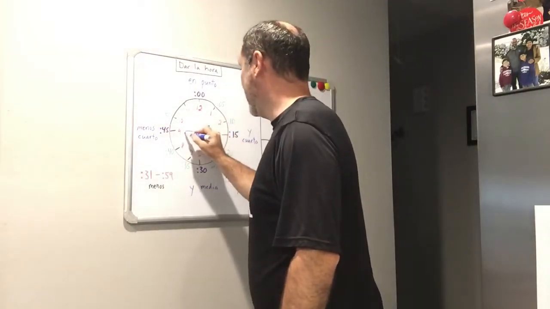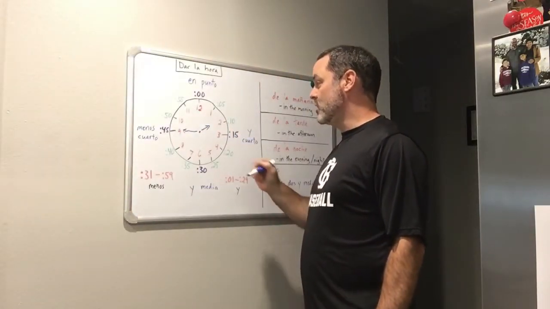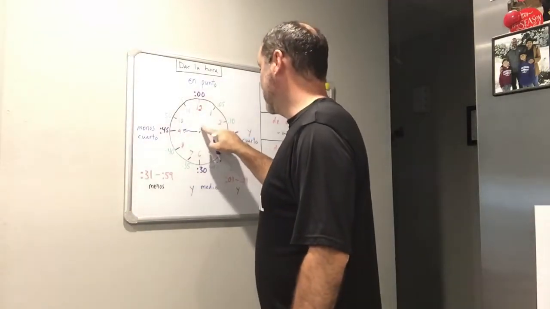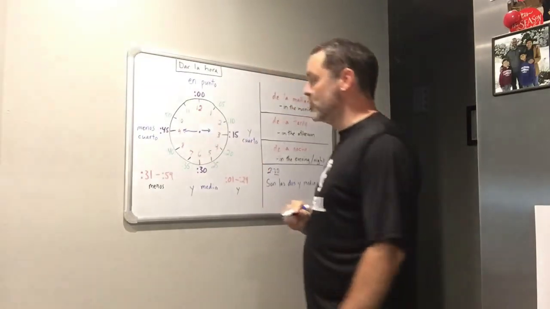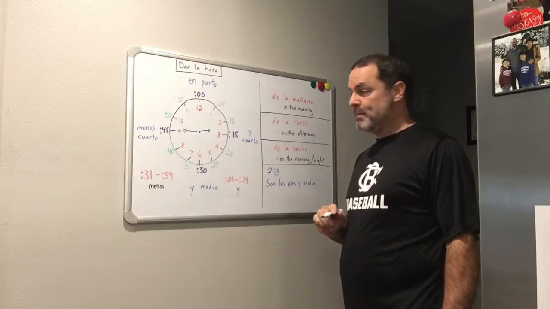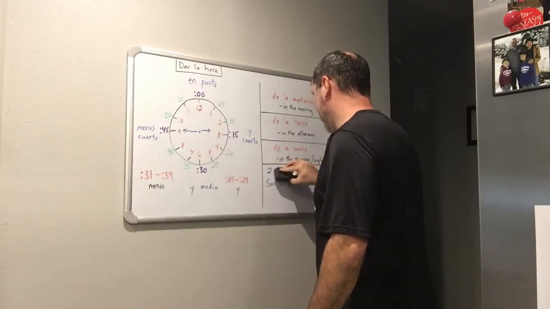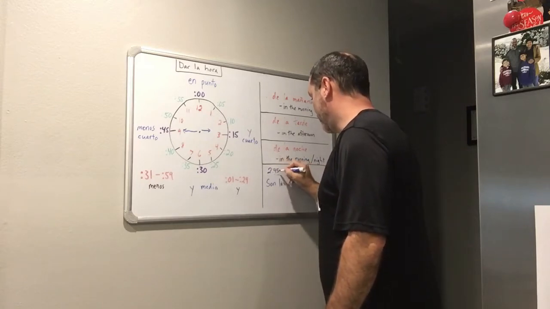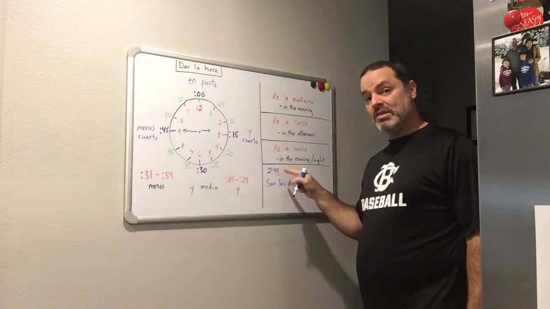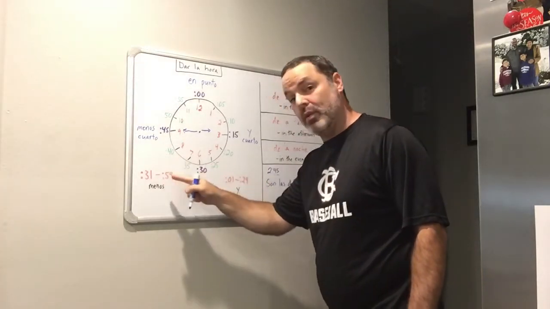Since it's 2:45, that little short hand is going to be a little bit closer to the 3, okay? So if this time is 2:45, my key is the minutes. I see my minutes are more than 30, so 31.